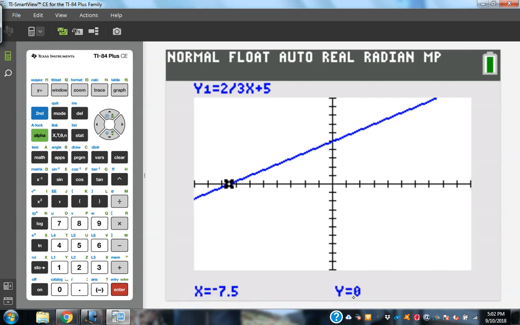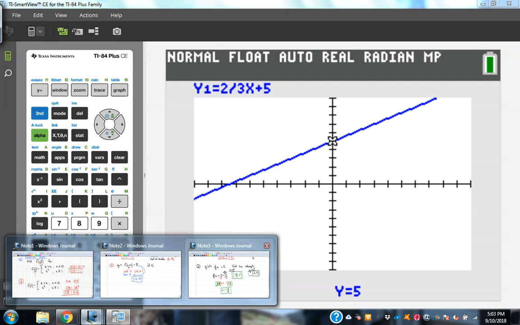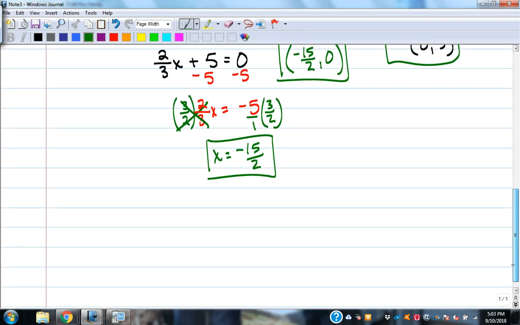Hey, what do you know? -15/2 is -7.5. And the y value is 0. That's the right one. I want to check the y-intercept. We're pretty sure we got that right, but I'm going to check 0 just to make sure. Hey, there it is. Y is 5. So that's always a checking thing. You can always make sure you got it right. When we get to more complicated functions, that's a little more helpful. Linear stuff is pretty simple, but it's always good to have a checking place.